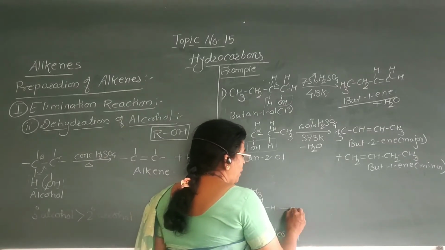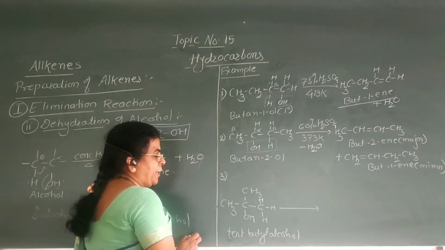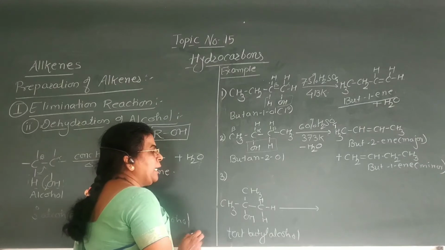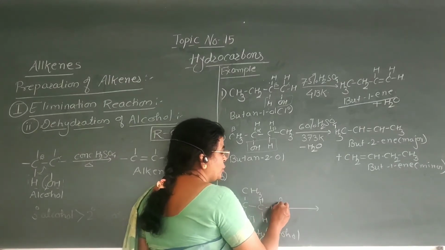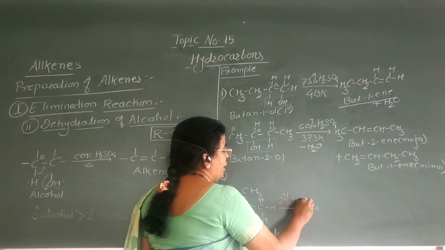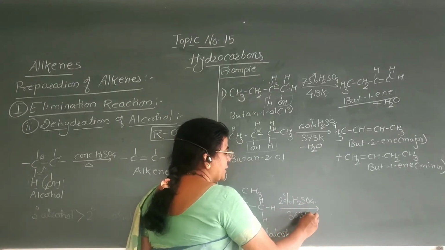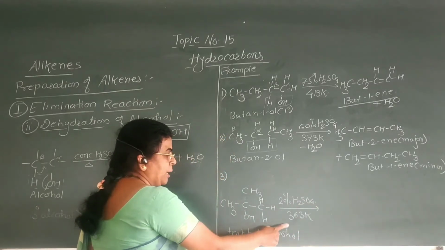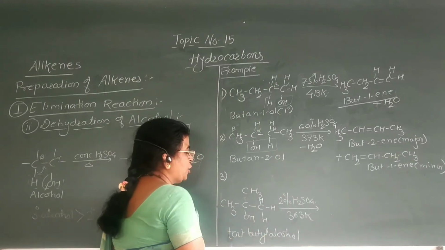When this compound undergoes dehydration, it easily undergoes dehydration and we have to use mild conditions, that is dilute H2SO4, that is 20% H2SO4, and this reaction is carried out at 363 Kelvin temperature, that is, temperature condition is also decreased. Then here alpha beta elimination is carried out.